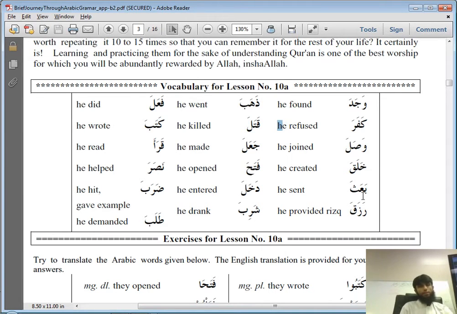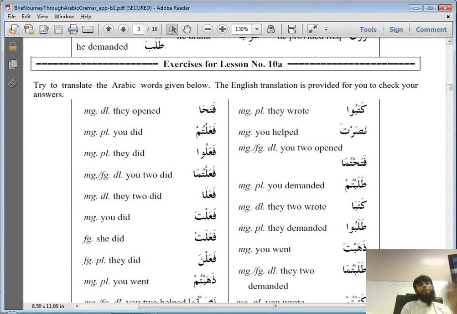And for the plural case, katabu, they wrote. What would be the singular for this? Kataba. Now you can compare it with fa'ala. Instead of fa, ayn, lam, you have kaf, ta, ba.